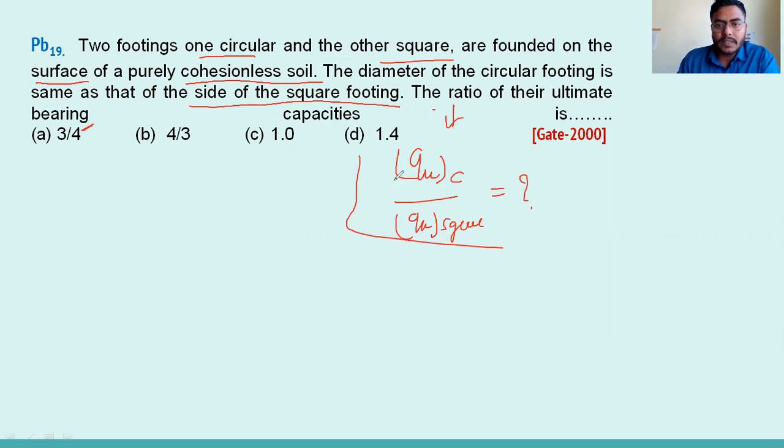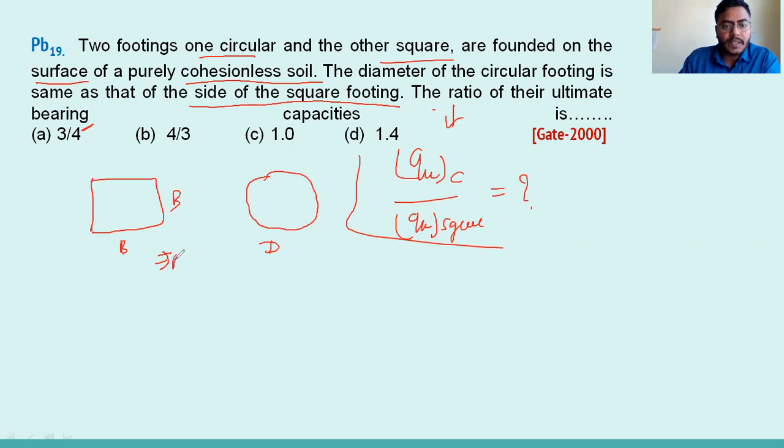For this, we have to calculate the ultimate bearing capacity for circular and for the square. So let's do that. Suppose this is the square B into B, and this is the circular D. In the question, it is mentioned that B is equal to D, the side of the square is equal to the diameter of the circular footing.